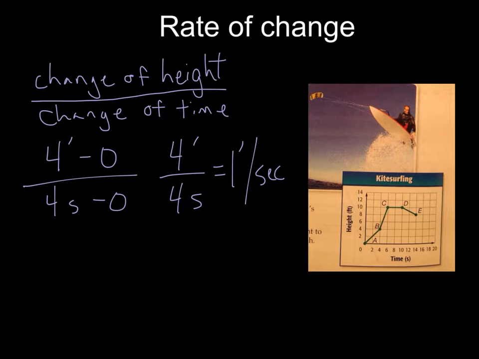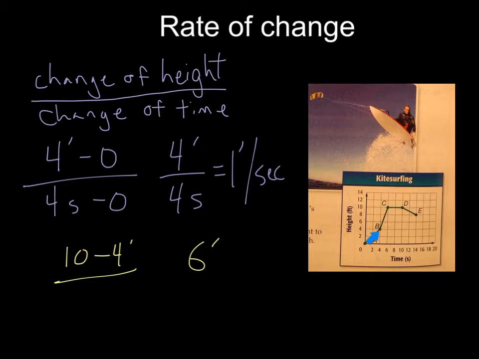To find the rate of change from point B to point C, I do the same thing. At point B, he was at 4 feet. At point C, he was at 10 feet. So to find the difference between those two, I just do 10 feet minus 4 feet, and that is 6 feet, and I'm going to divide that by the change in time.